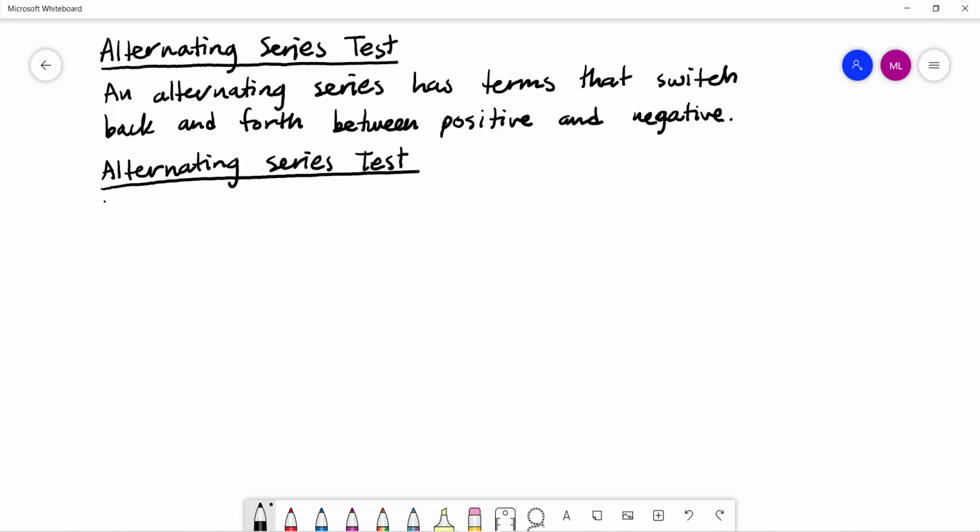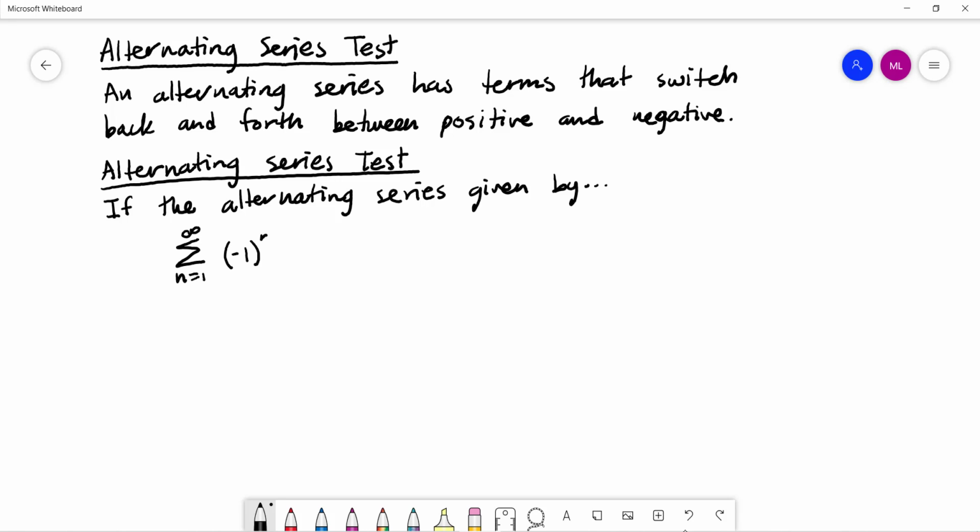So if we have an alternating series that looks like the following, it's going to look like the sum from n equals 1 to infinity of (-1)^(n+1) times b sub n. And that (-1)^(n+1) is what's going to ensure that our signs switch back and forth.